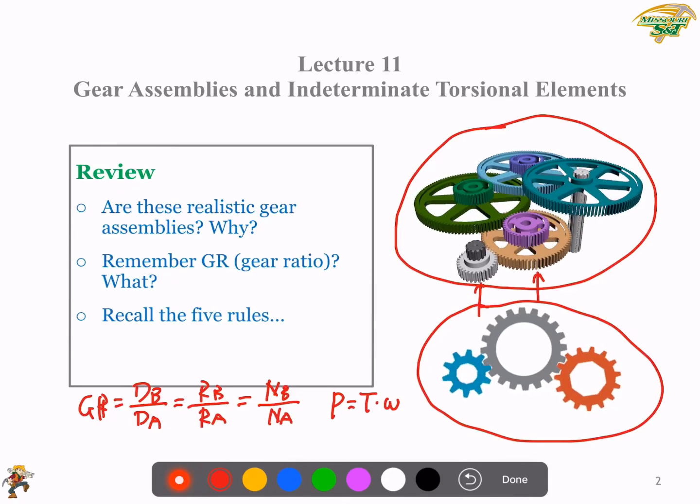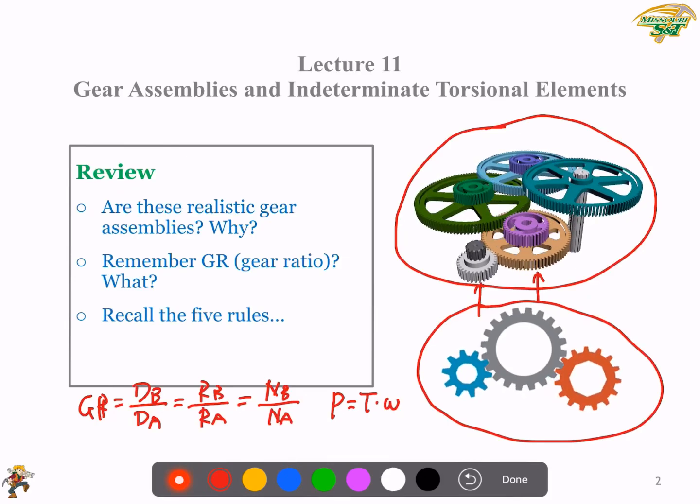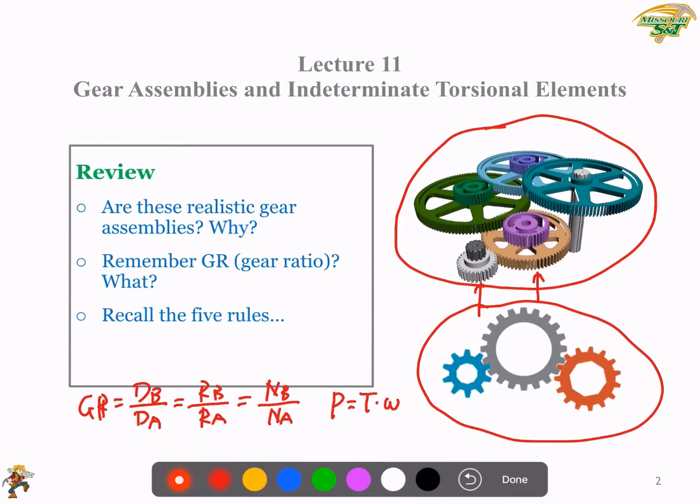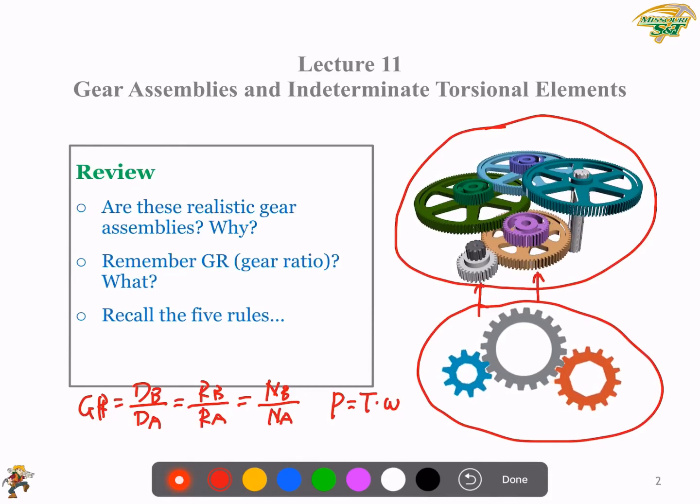When moving from one gear to another, the torque may change and the angular velocity may change, but the power always stays constant. Rules number 2 and number 3 describe moving from one gear to another while these two gears are directly connected to each other. Rule number 2 says when you are moving from a smaller gear to a larger gear, the torque will be increased.